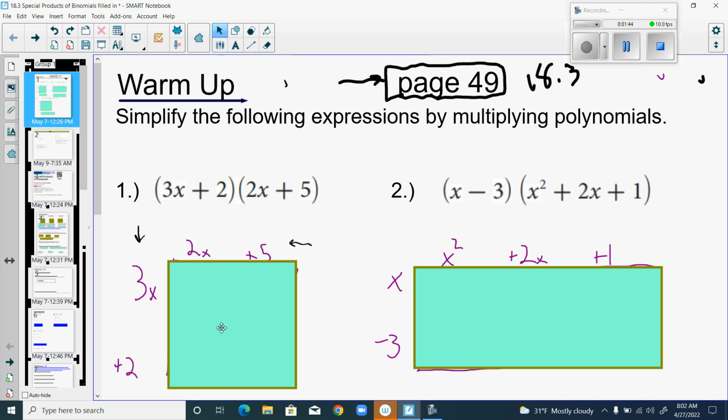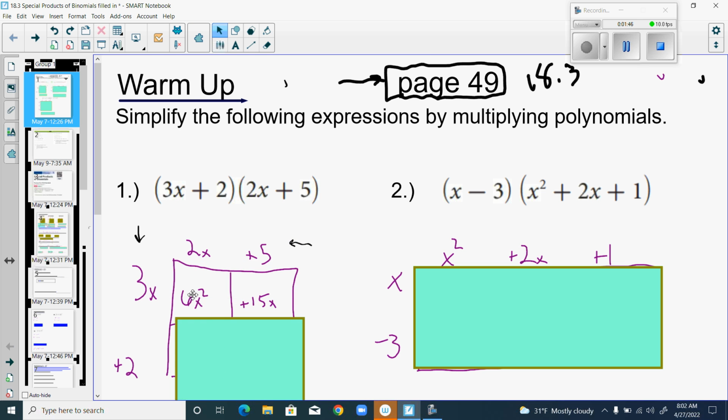If I multiply the first two terms, 3x times 2x gives me 6x squared, and the 3x times 5 gives me 15x. If I multiply the bottom row, I get 2 times 2x, which is 4x, and 2 times 5, which is 10.